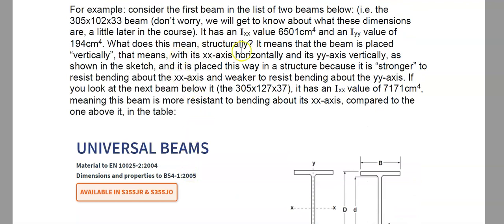What does it mean structurally? It means that the beam is placed vertically, that means with its XX axis horizontal, as you can see there. And it is placed this way in the structure because it is stronger to resist bending about the XX axis, and weaker to resist bending about the YY axis.